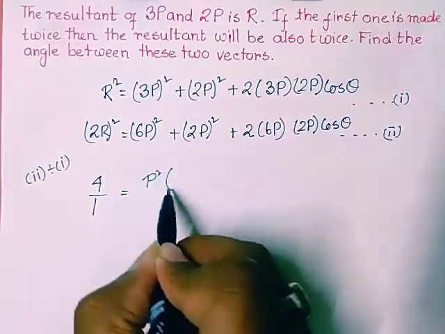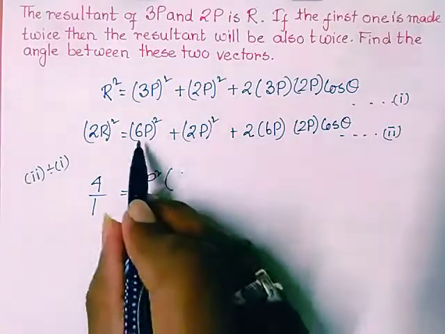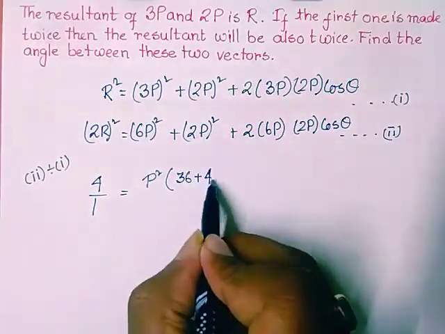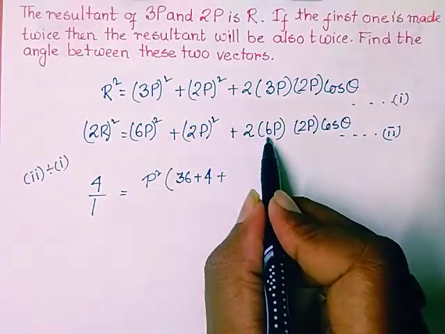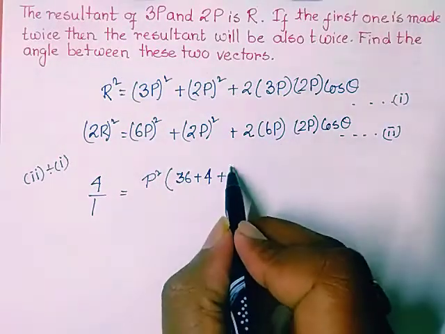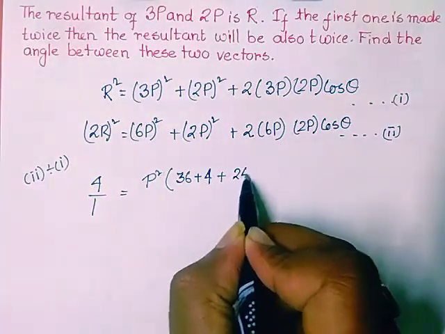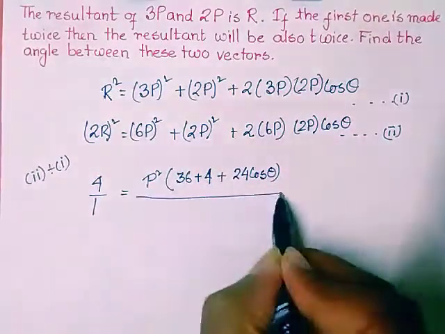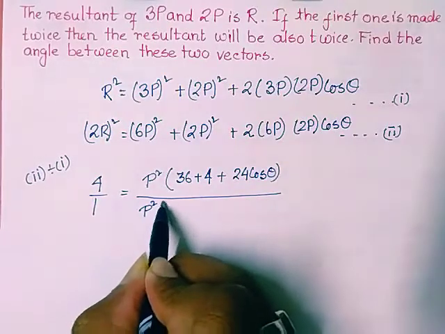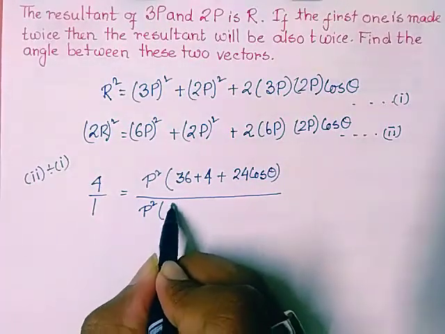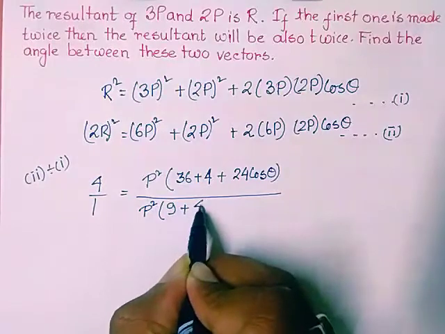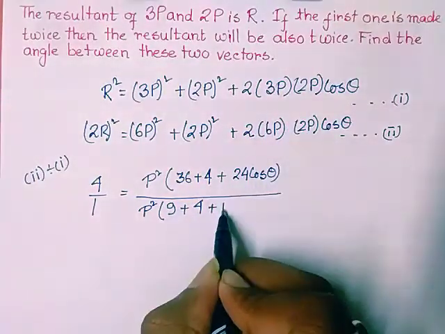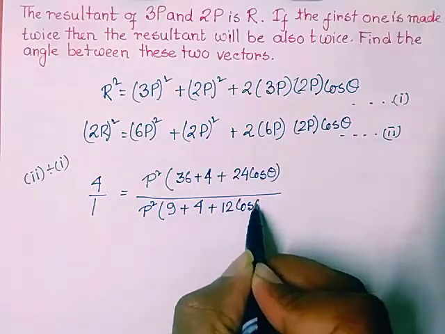If I take p square common, 6 square is 36, 2 square is 4, 2 into 6 is 12, 12 into 2 is 24 cos theta, divided by p square, that will be 9, 2 square is 4, 2 into 3 is 6, 6 into 2 is 12 cos theta.